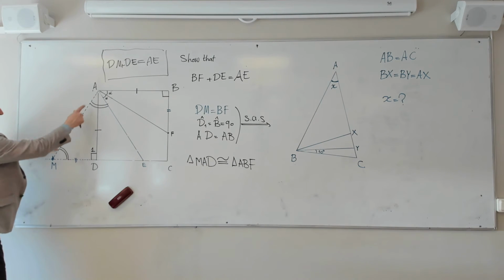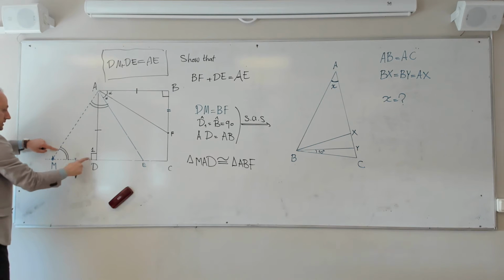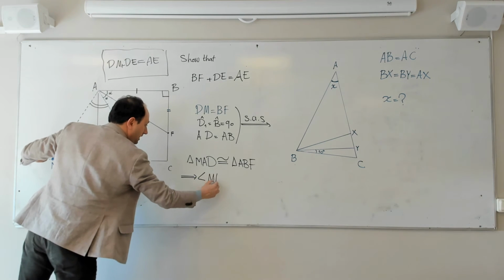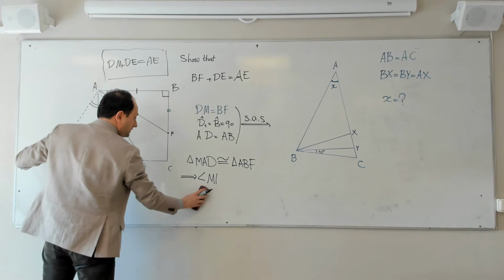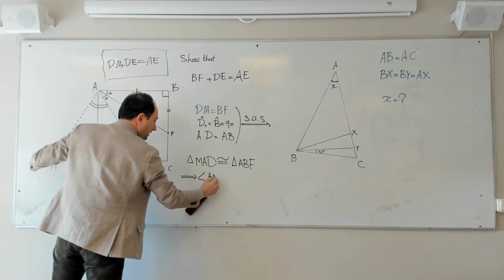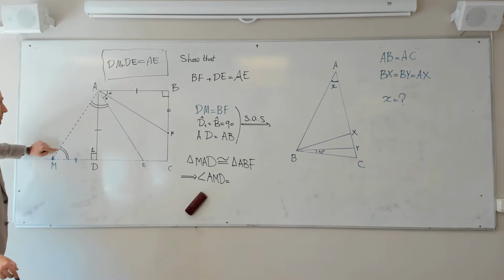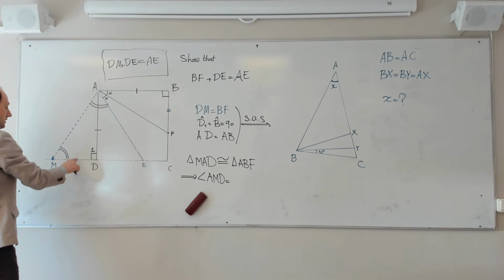This angle, you see, AMD, so this implies that the angle AMD is equal to which angle, can you tell me? Based on congruency. This angle from this triangle?